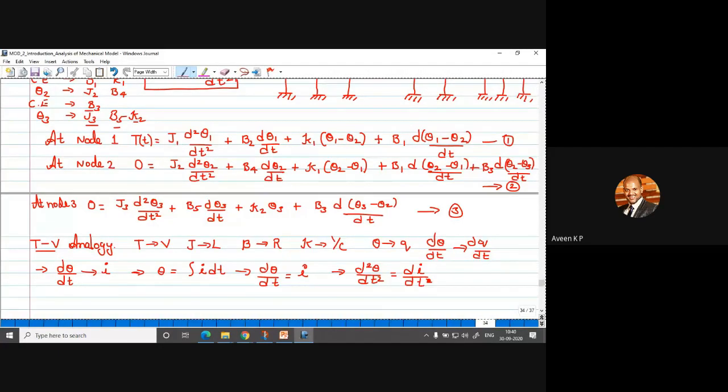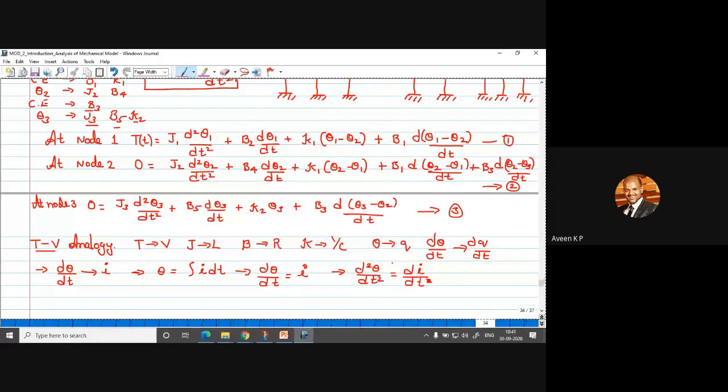The rate of change of charge we call current, so I is equal to dq by dt. And if I apply integration on both ends, theta is the integration of I dt. Again, if I apply differentiation on both ends, d theta by dt is equal to I, and with one more differentiation, di by dt.